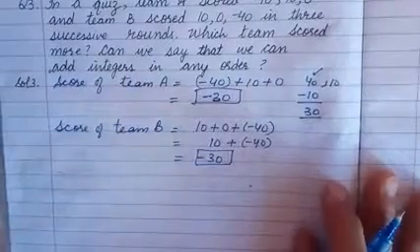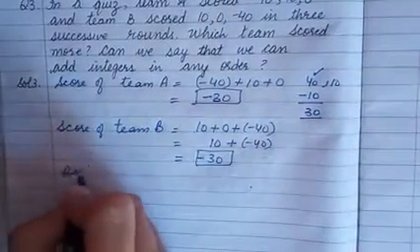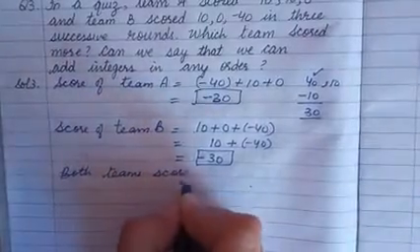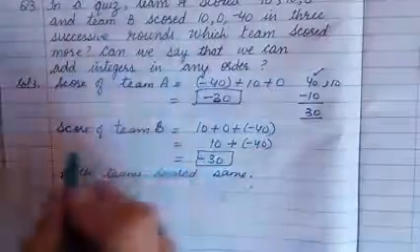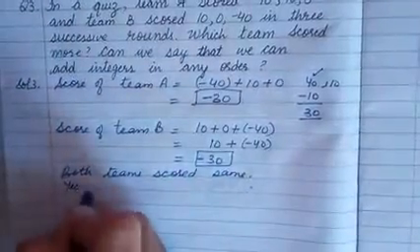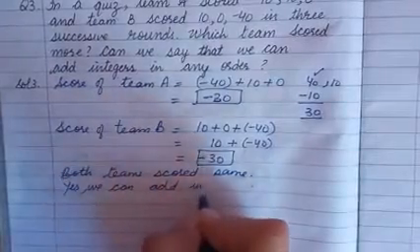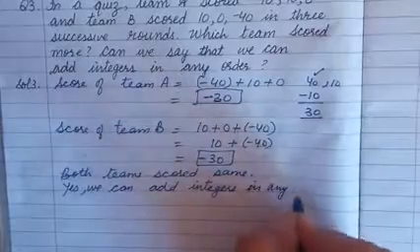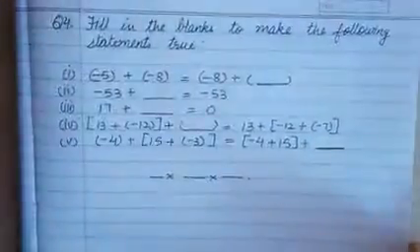So which team scored more? Both teams scored the same. And can we say that we can add integers in any order? Yes, we can add integers in any order.